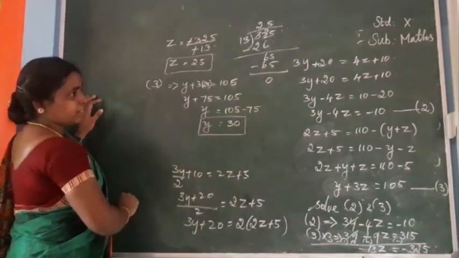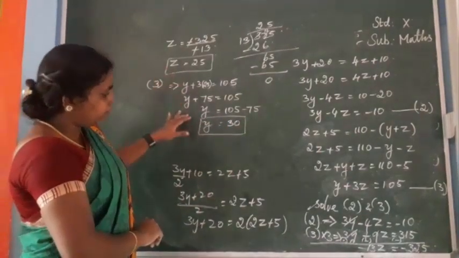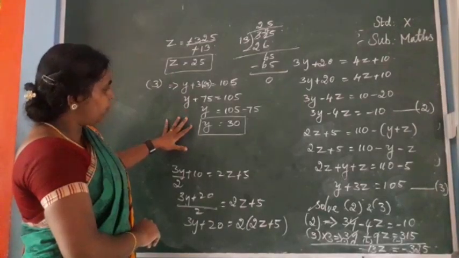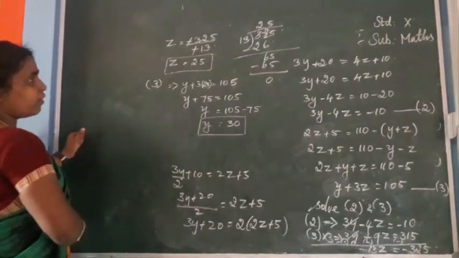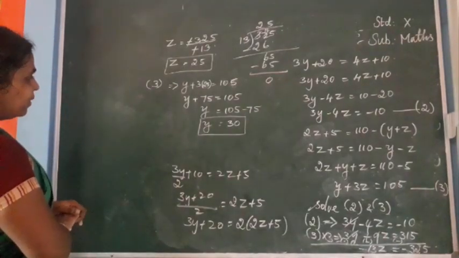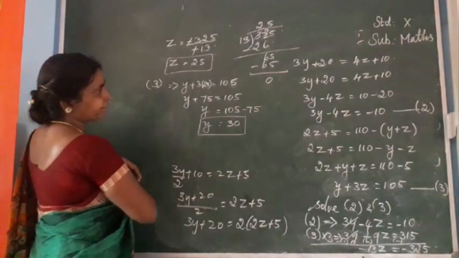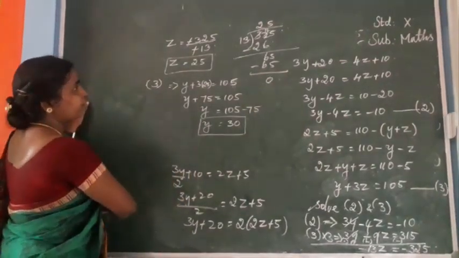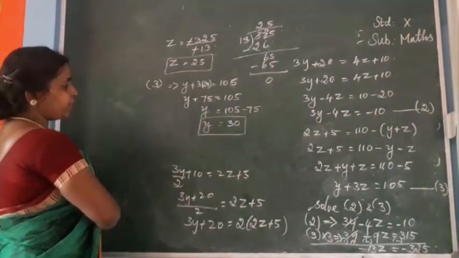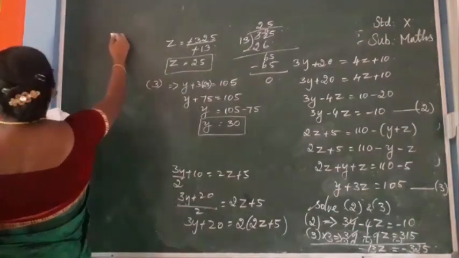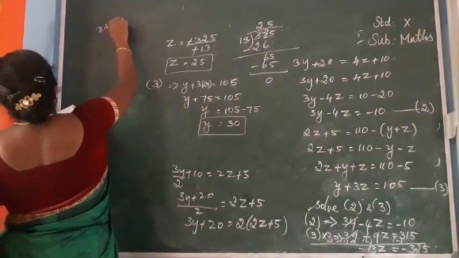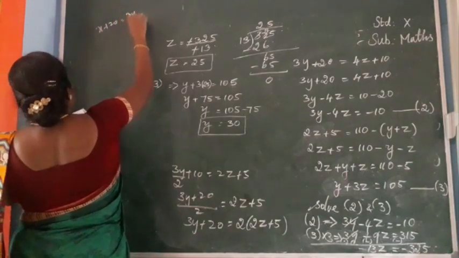Next we need the x value. We don't need both values, any one of the values is enough. So take the first equation. Okay, I wrote that first equation. x plus 10 equal to 3y by 2 plus 10.